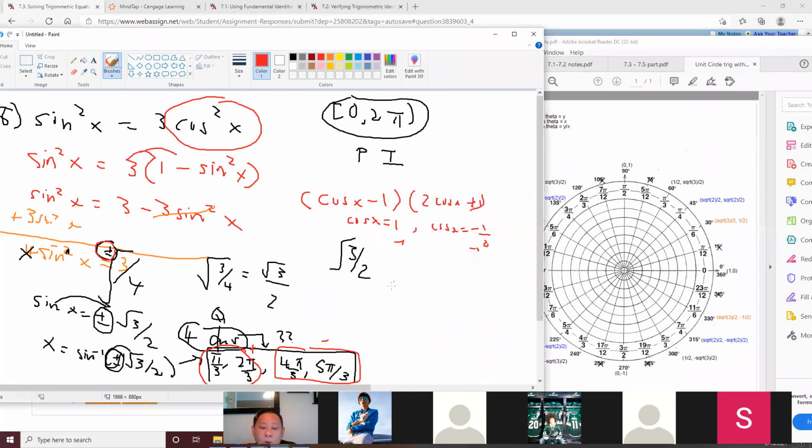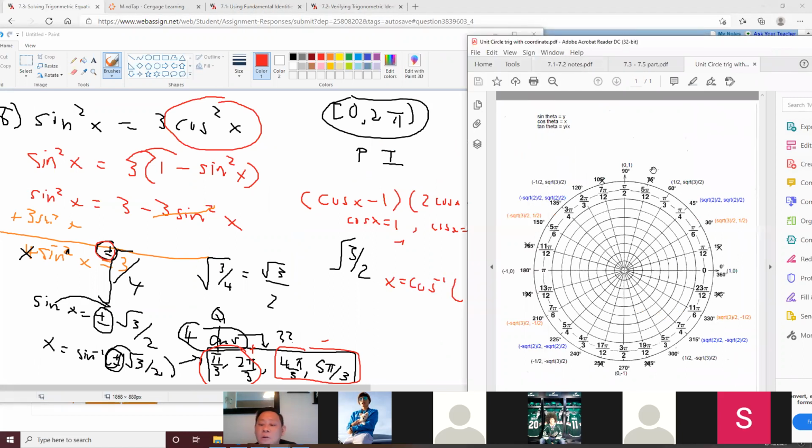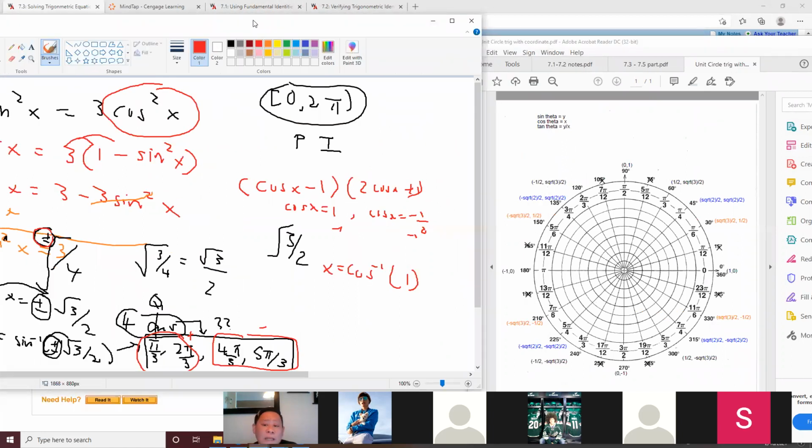Can someone tell me what the arc cosine of 1 is using the unit circle approach? It's a special one. Is cosine x or y? X. So can you tell me which x value here is 1? What angle is that? 0. So this is 0.